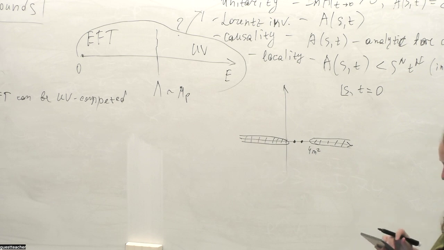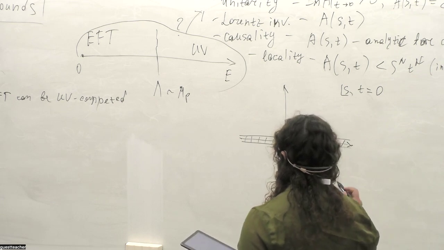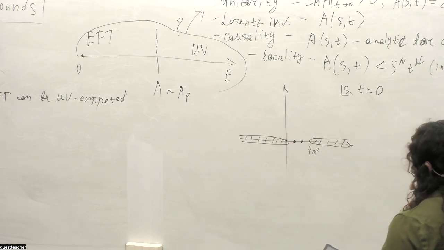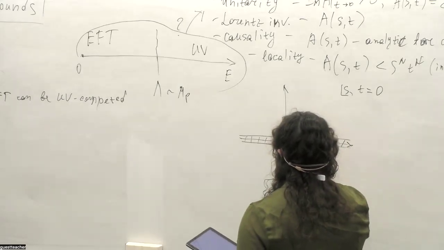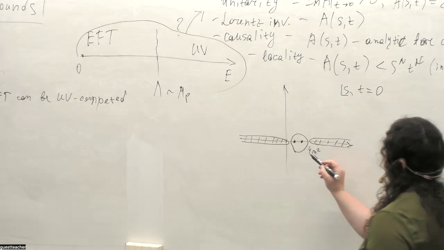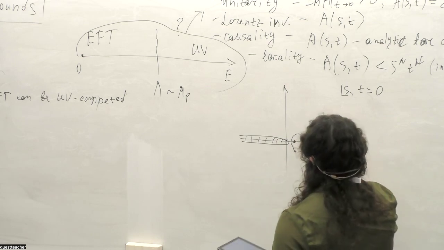Then, if we want to derive the bound on effective field theory or simply relate infrared and ultraviolet theory, analyticity would be very helpful because in principle we can compute something which we know how to compute. We can compute the integral over this contour. Let's call it gamma.